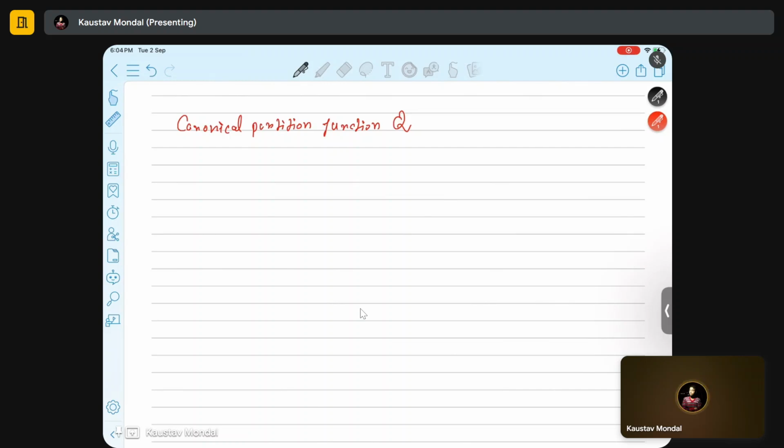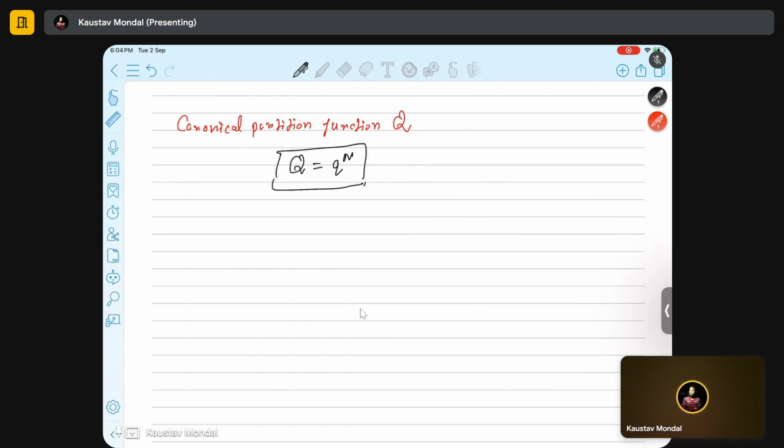So the relation was: capital Q is equal to small q, where small q means the molecular partition function, to the power N. This is a relation that we have established.